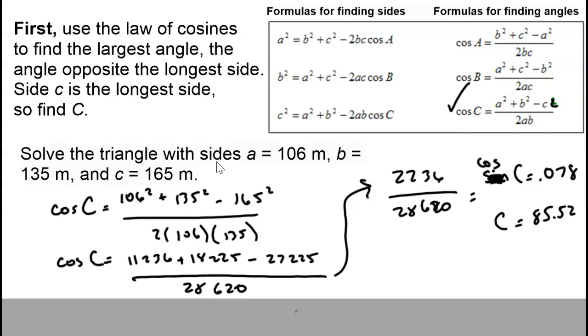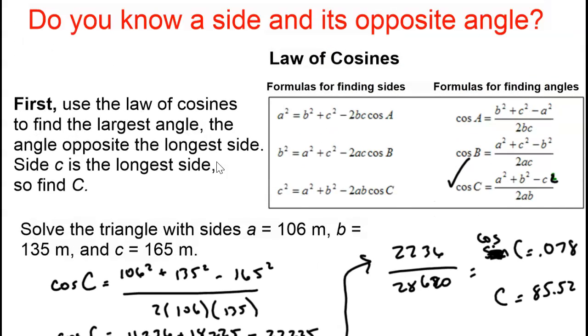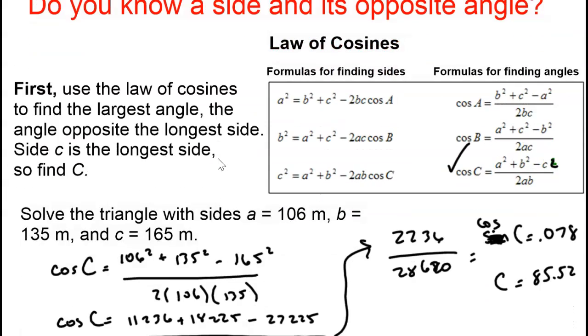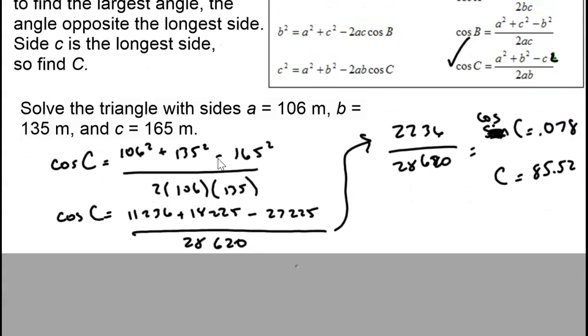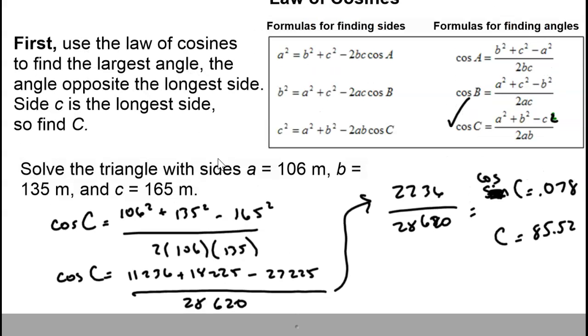And so now going back up to, no, we never drew a triangle. But we know that we have a triangle with sides of 106 meters, 135 meters, 165 meters, and our angle C is going to be 85.52, not quite 90 degrees.